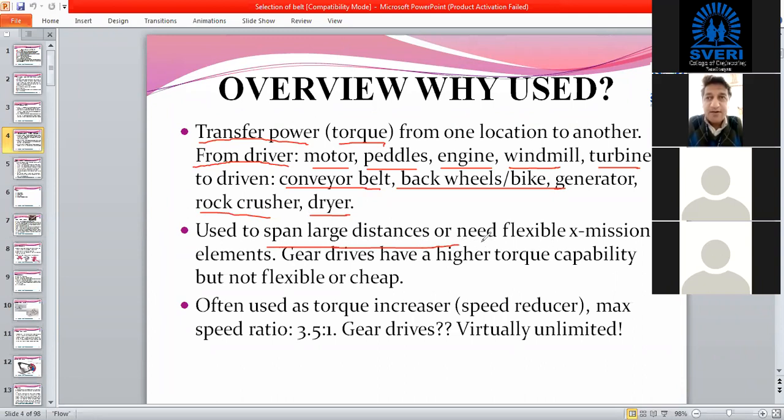Or in case of flexibility of distance, in some cases the center distance is not exact, where some changes take place while the machinery is in operating condition. In such cases, these belt drives are preferable.